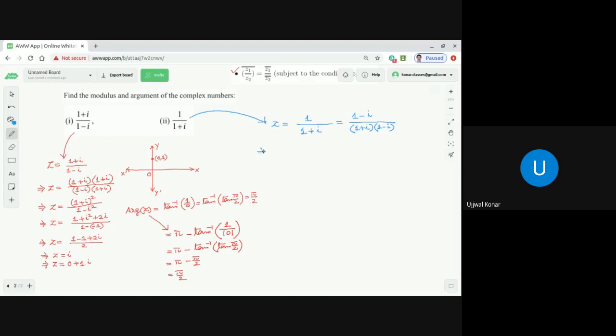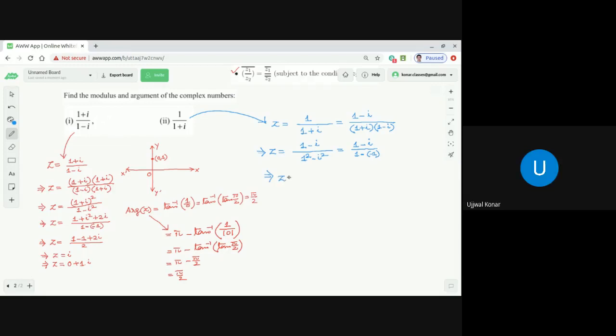So this implies Z is equal to what? 1 minus I. In the denominator, what are we getting? It is 1 plus I into 1 minus I. So that is 1 square minus I square. That is equal to what? 1 minus I by 2, because it is 1 minus of minus 1. Correct or not?